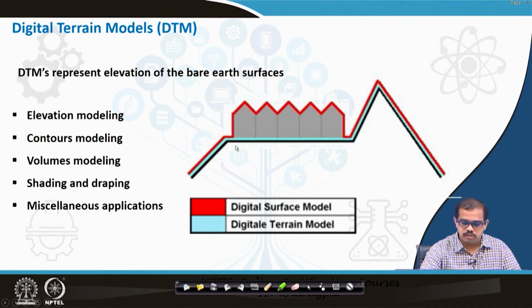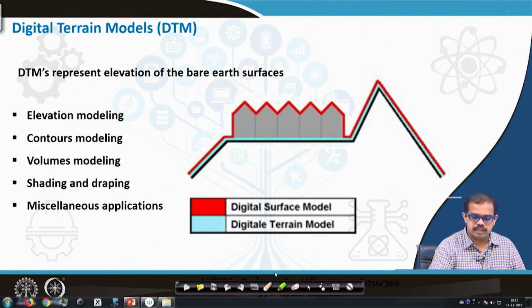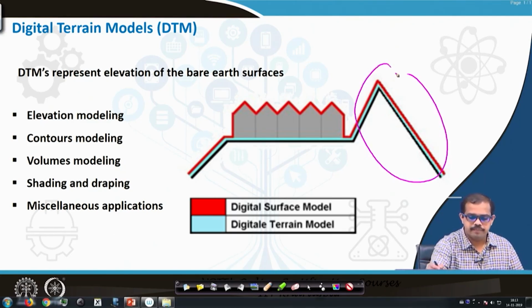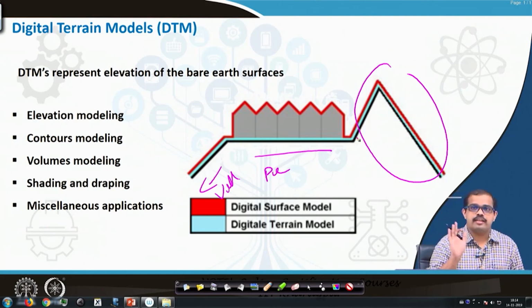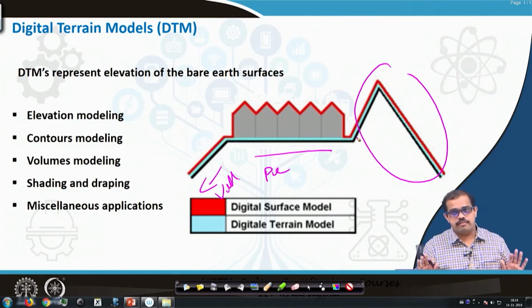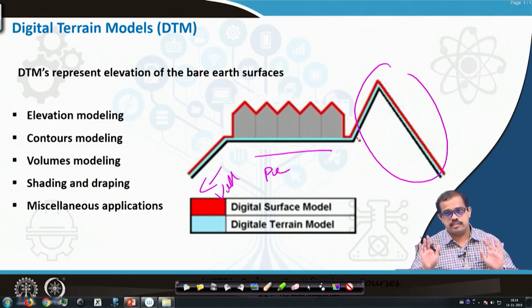Now follow this blue line, which represents the terrain of the earth's surface. Without human interference, whatever terrain of the earth's surface is there, that is exactly the digital terrain model.